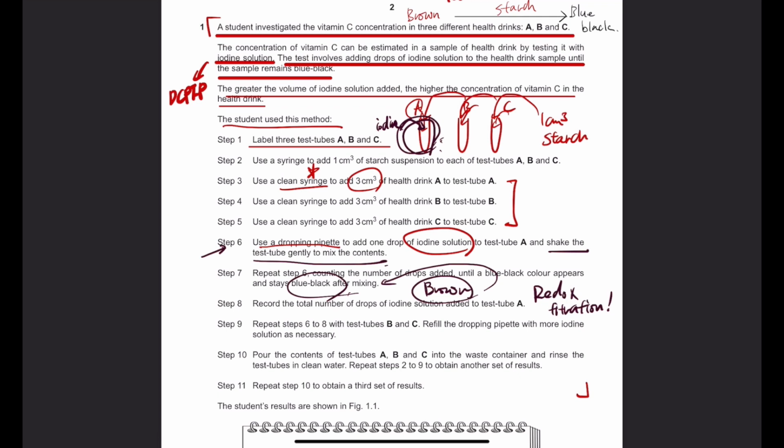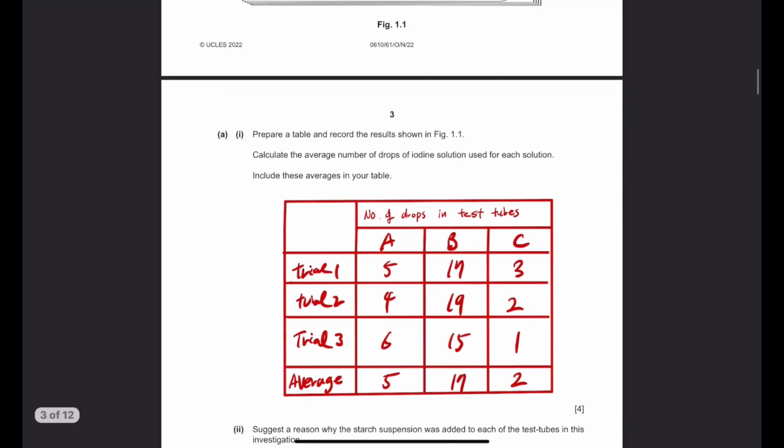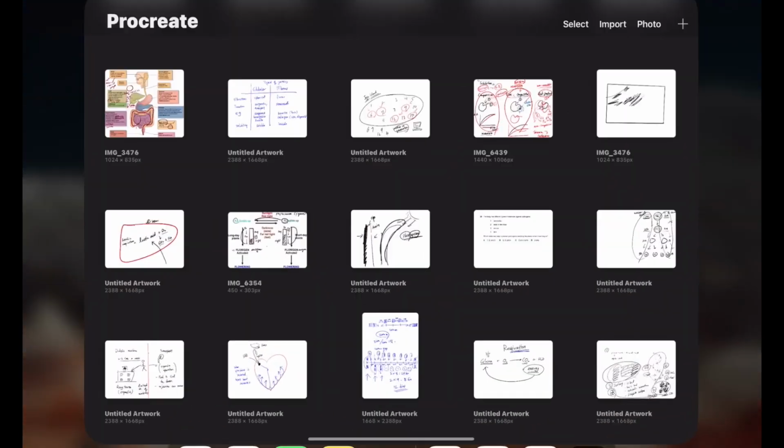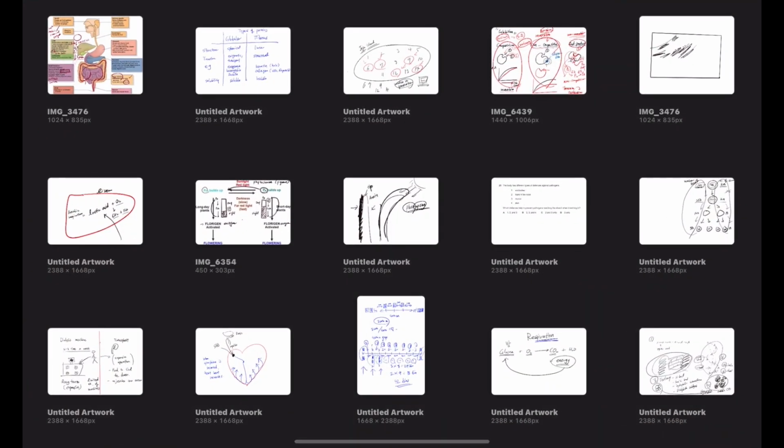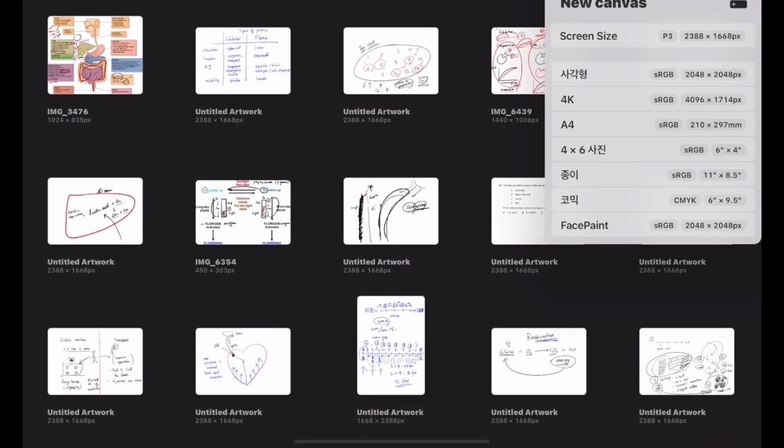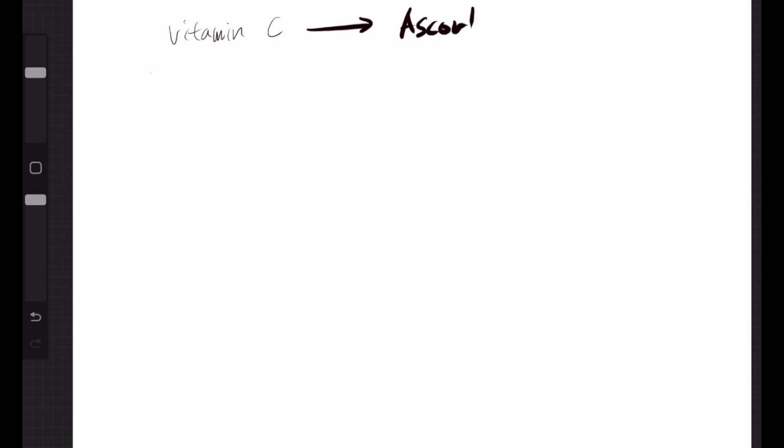And vitamin C is actually called ascorbic acid. So this is the proper name.